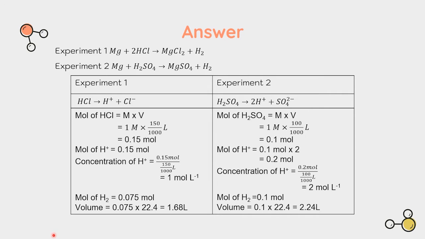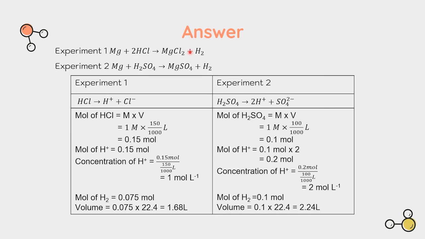Then we look back to our overall rate of reaction. The magnesium reacting with hydrogen chloride, producing magnesium chloride and hydrogen gas here. We can see that 2 moles of hydrogen chloride will produce 1 mole of hydrogen gas.